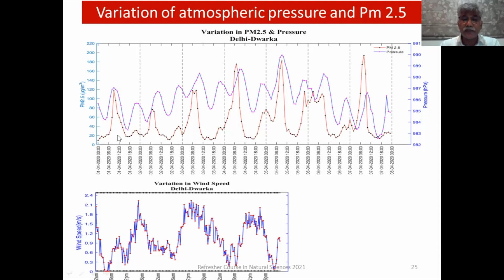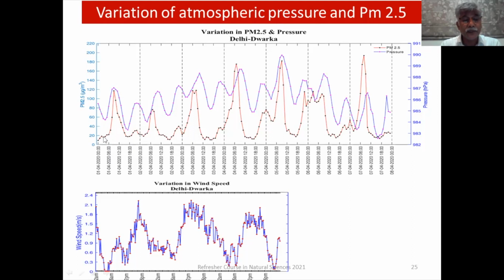So just focus here. The red curve, this one, is your PM2.5, and this is day to day. This is 0, 6, 12, 18, and 24, so this is one day of observation, and these dots represent hourly data.